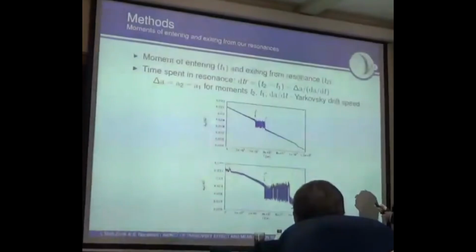But after, we decided to use the time that the object spent in the resonance, because we wanted to isolate the influence of mean-motion resonances on asteroids across those resonances. And delta a is the difference between the latest semi-major axes at these two moments, T1 and T2, and this is the Yarkovsky drift speed.